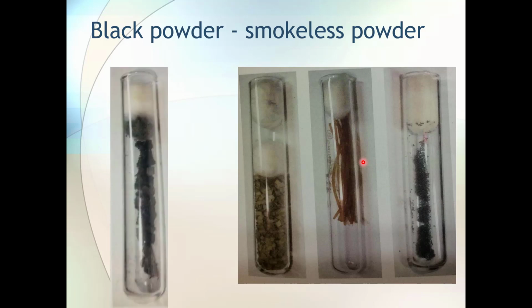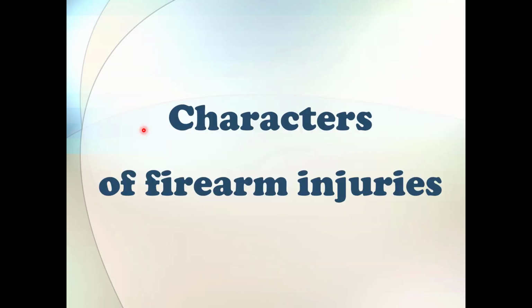And in black powder, it is clumps or powder. Okay, black powder contains carbon, so the cotton becomes black. And at the skin, when a bullet or shots with a black powder cartridge penetrate the body, it leads to dense black at the inlet.